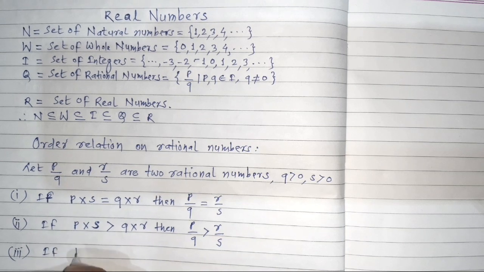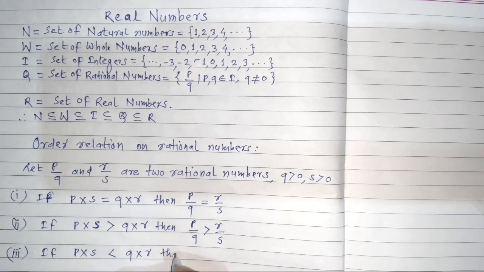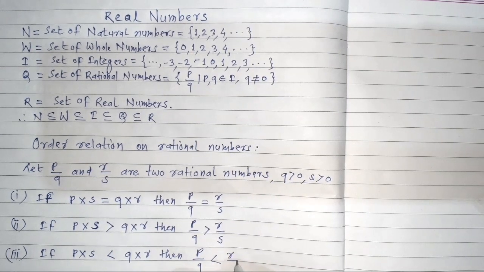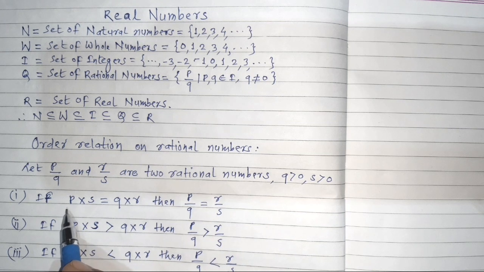If the product of P and S is less than the product of Q and R, then we say that P upon Q is less than R upon S. In that way, we saw the three order relations in two rational numbers.